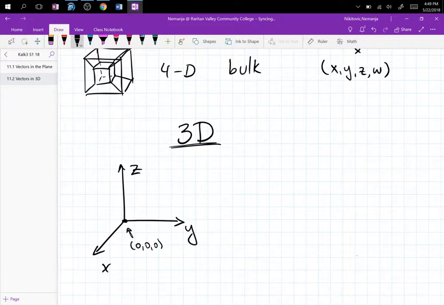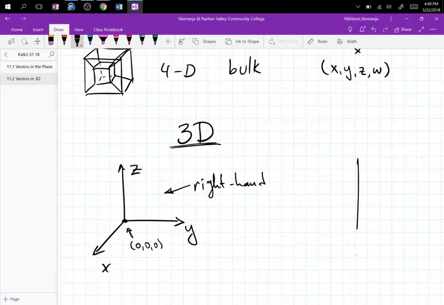That's why it's called the right-handed. You can also draw this way, and some of you, if you use AutoCAD, you can switch these things.